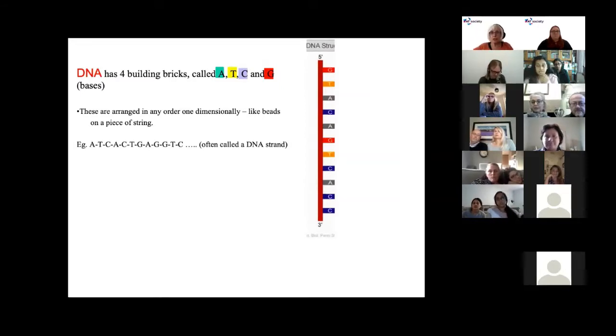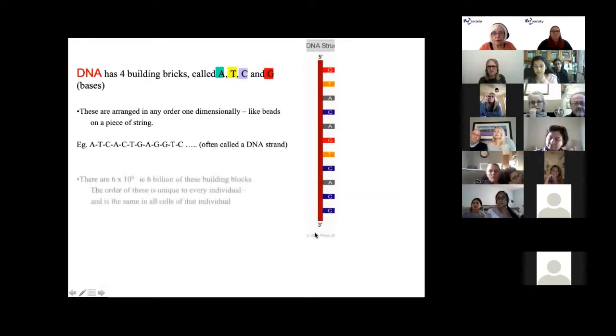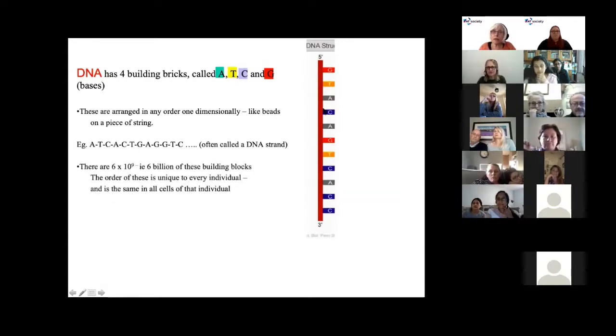They're arranged in a linear order, one-dimensional, and sometimes this, if you like, a piece of string is called a strand. And in fact, you have 6 by 10 to the 9, 6 billion of these building blocks. And that order is unique to any one individual.